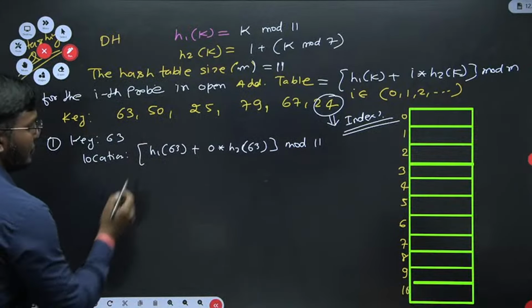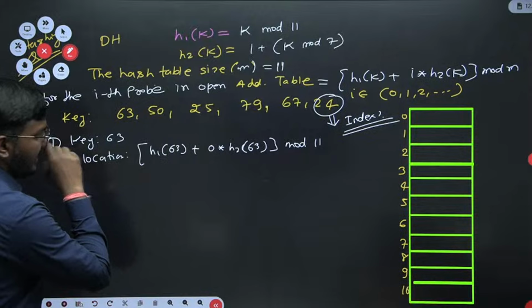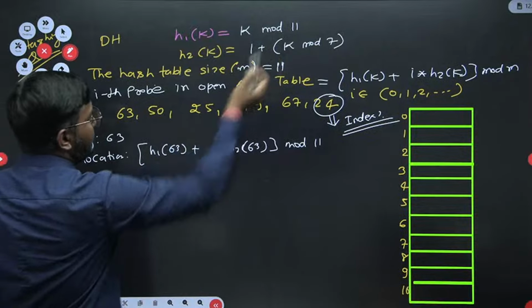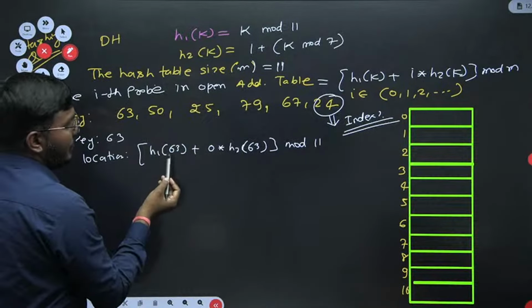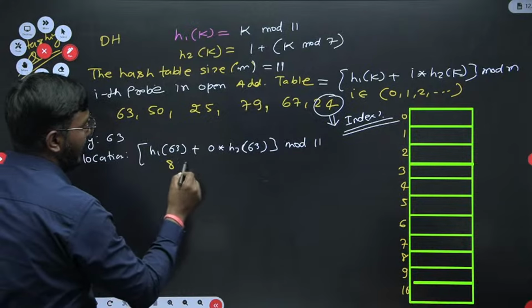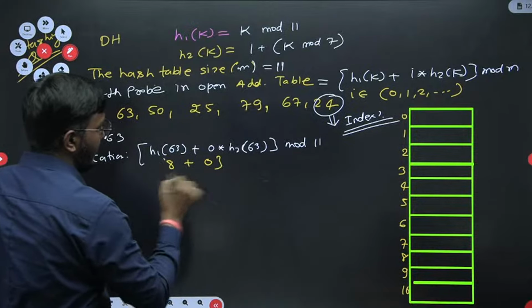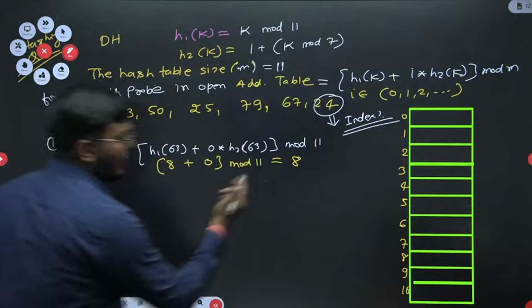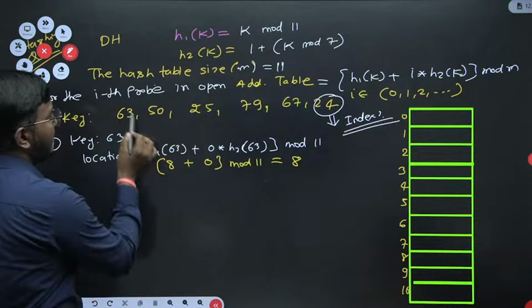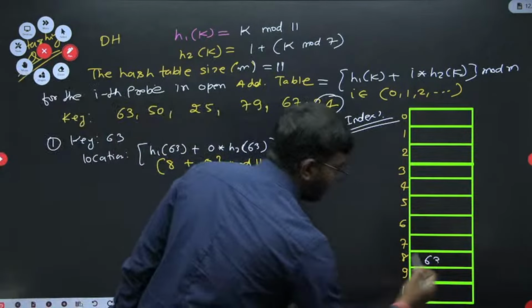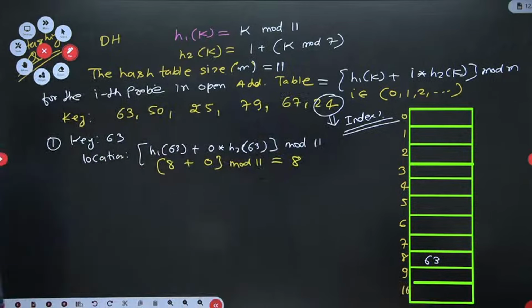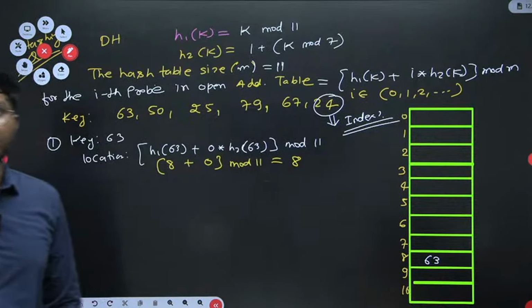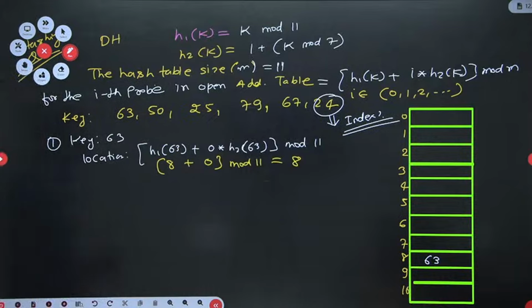Let's find what this value is. h1 of 63 is 63 mod 11, which is 8, plus 0, mod 11, so the value will be 8 only. Location 8 is empty, so insert 63 at location 8. Collisions will happen twice, yes, absolutely.